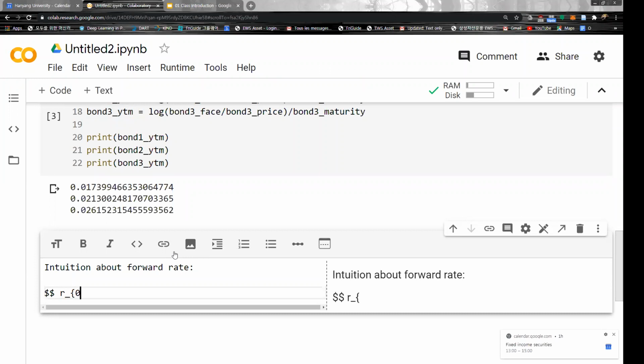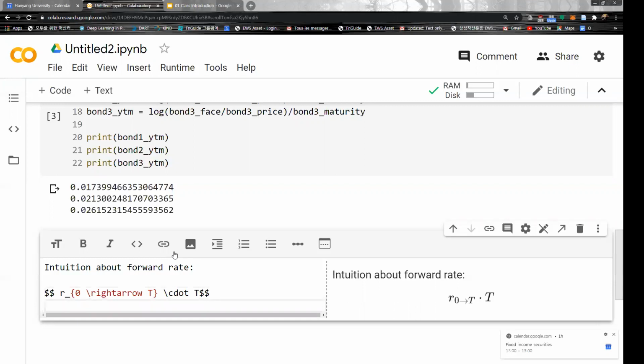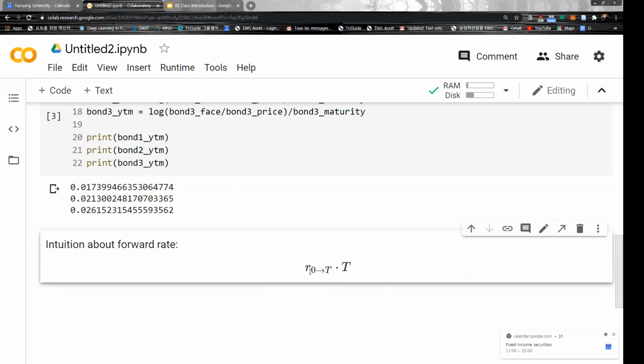Return from 0 to big T. So it is the return from 0 to T multiplied by big T. Overall return from 0 to T, because R 0 to T is annualized return, and then multiply annualized return with time, then you have gross return.